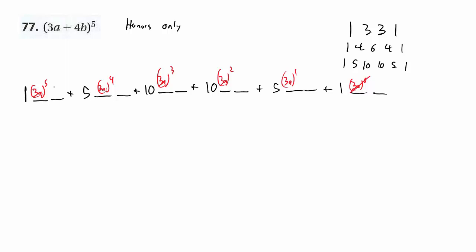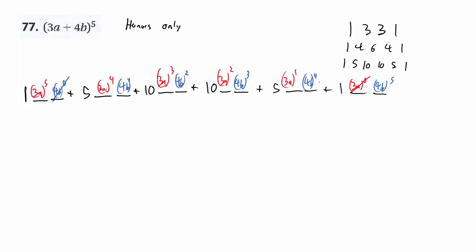And then the 4b, that's the 0th power, which means it's basically not there at all. 4b to the first, put that in parentheses, that's important. 4b to the second, 4b to the third, 4b to the fourth, and 4b to the fifth. There's your answer right there.